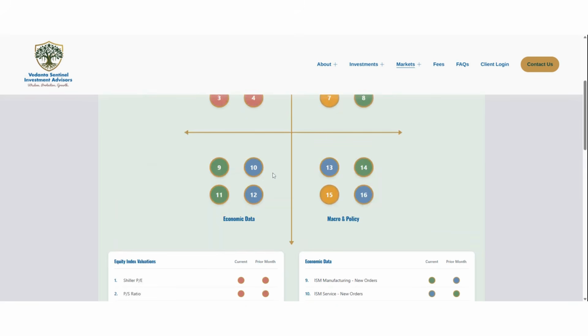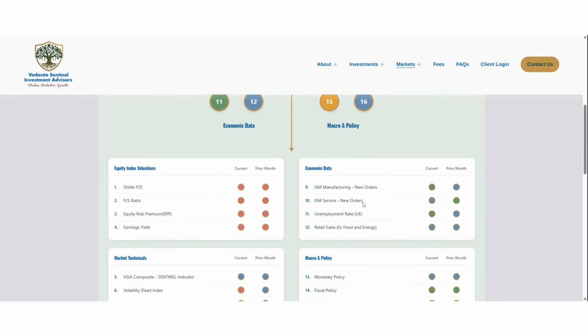Some of these are stable or neutral, and a couple of these are in the favorable or green category right now. We use a new order subcomponent of ISM index because that gives us a glimpse into the next month, what the purchasing managers are doing, looking ahead over the next 1, 2, 3, and 6 months. So that's a forward-looking indicator.